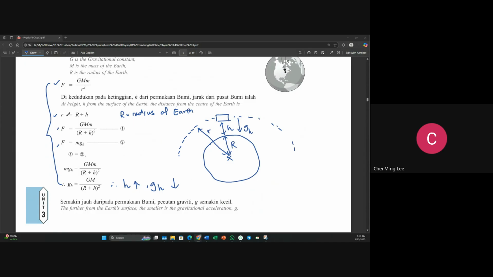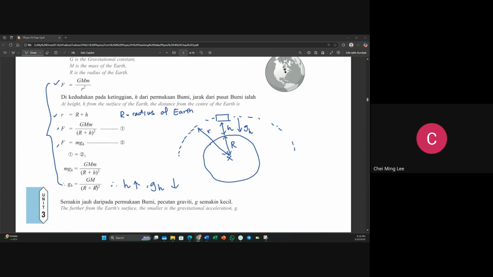So I substitute this into the formula, and you get F equals GMm over (R plus h) squared. Now we know that F equals mg, correct? So substitute inside, you get m g_h equals GMm over (R plus h) squared. So m cancels out and g_h equals GM over (R plus h) squared.